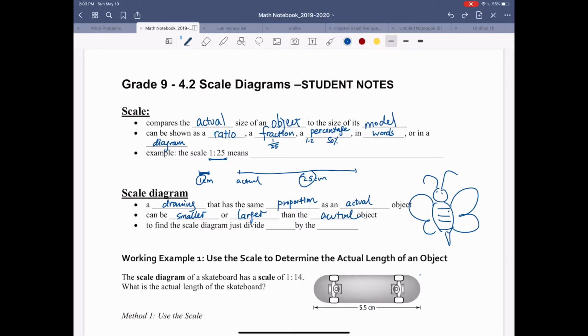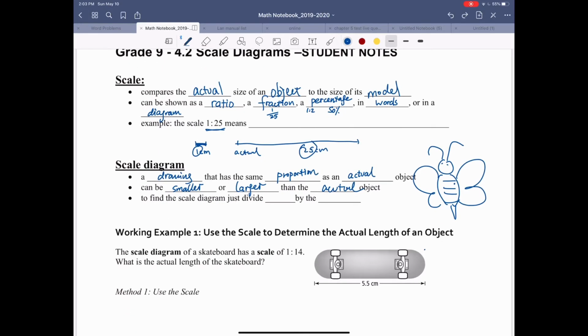I just want to say that a scale diagram can be smaller or larger than the actual. To find the scale diagram, just divide 1 by the scale factor. So it's basically 1 over 25, where 25 is the scale factor.